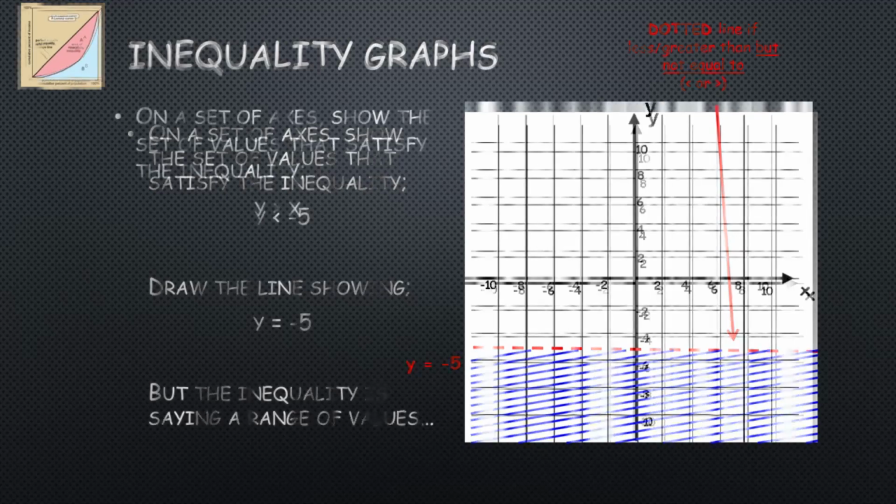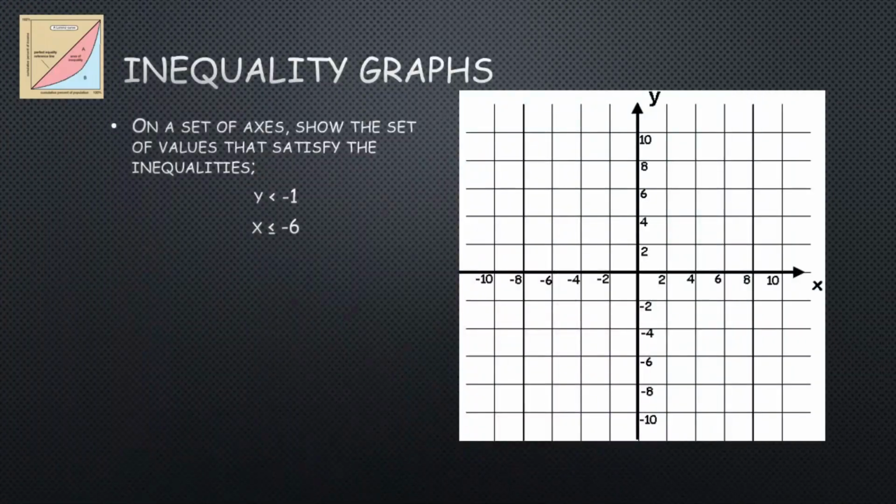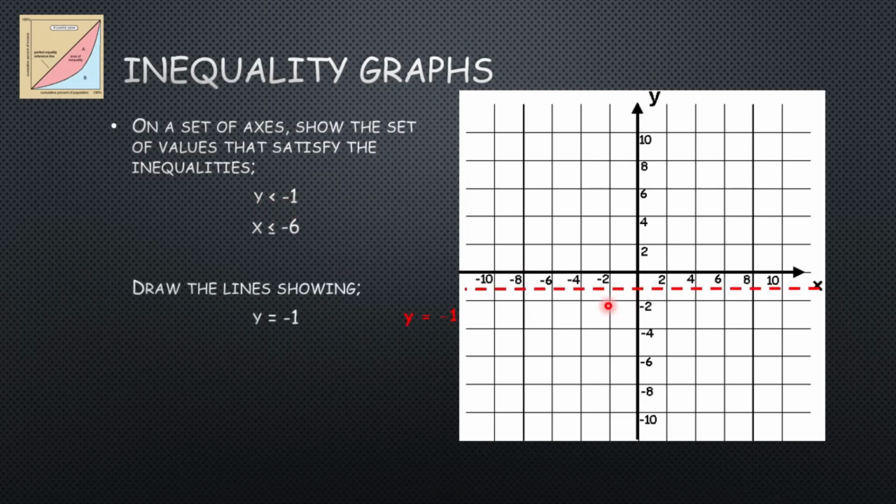In this example we have two inequalities: y is less than -1, and x is less than or equal to -6. First we construct y is less than -1. It will be a dotted line because there is no equality sign, so we draw y equals -1, that is this line.